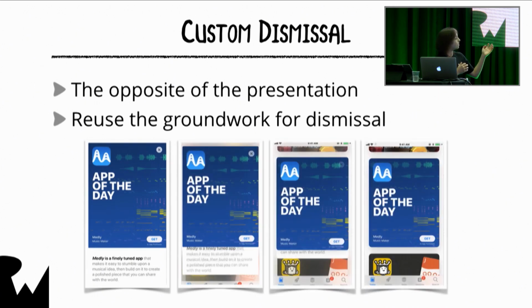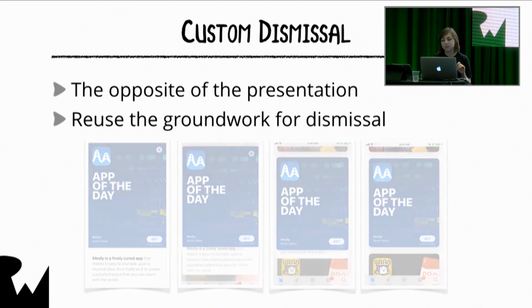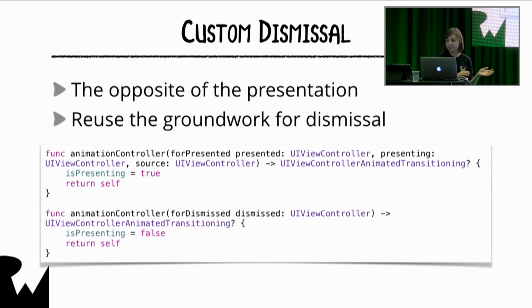We laid down this groundwork for the presentation in demo 2, so we should be able to just reuse that to reverse the entire animation. And the isPresenting property that we manage through the UIViewControllerTransitioningDelegate will tell us exactly when the view is presenting or dismissing. So we'll know which way to go.